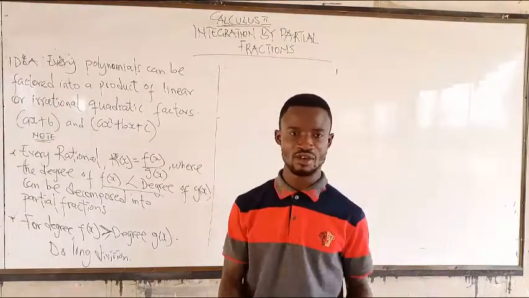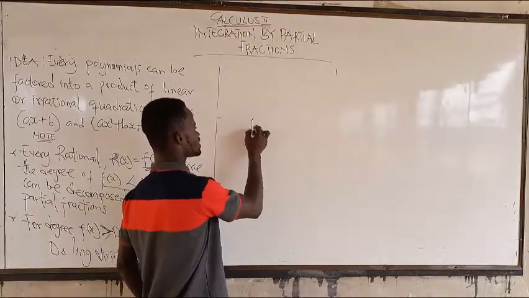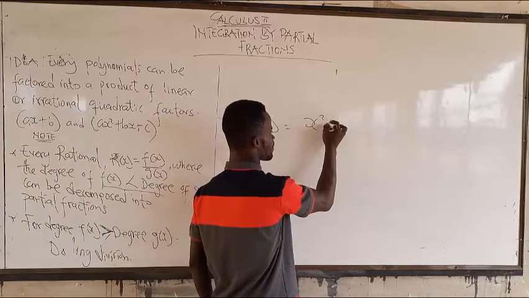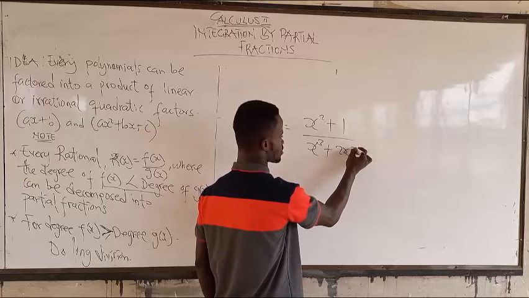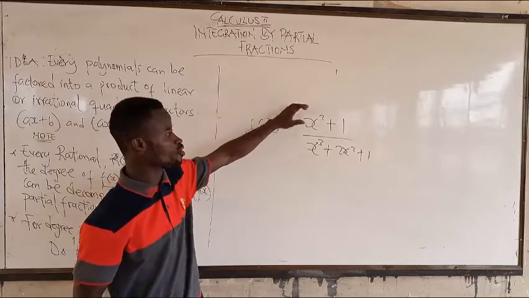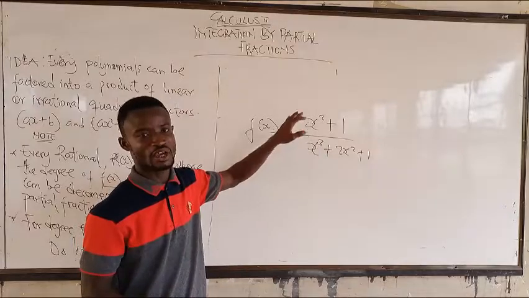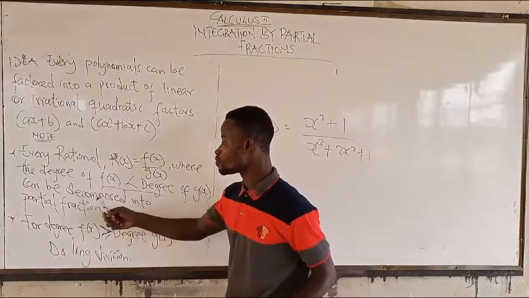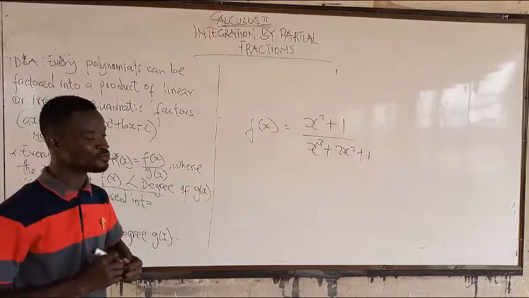Now, let's revisit our algebra small. In case you remember your algebra, that is the same thing that we are talking about here. Let's say that we have a function s squared plus 1 over s to the power 3 plus 2s squared plus 1. Now, since the degree of the numerator is less than the degree of the denominator here, we said that this can be decomposed into partial fractions.